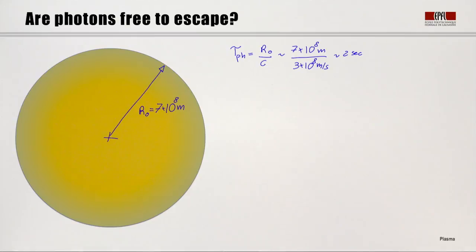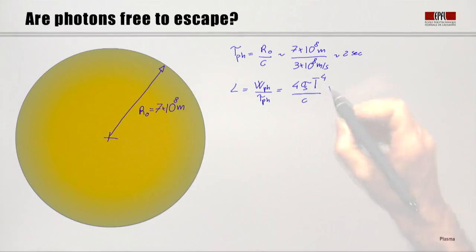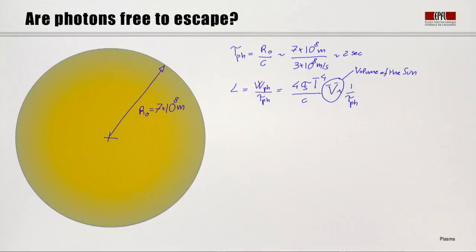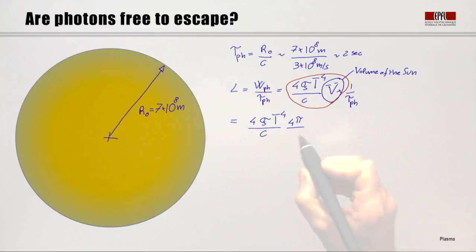Let's now use the previous formulas to compute the Sun luminosity. In this formula, V indicates the volume of the Sun. First, we compute the total radiative energy of the Sun, which is given by this term. By plugging the real numbers into this expression, we end up with a total radiative energy of approximately 2.9 × 10⁻³ joules.